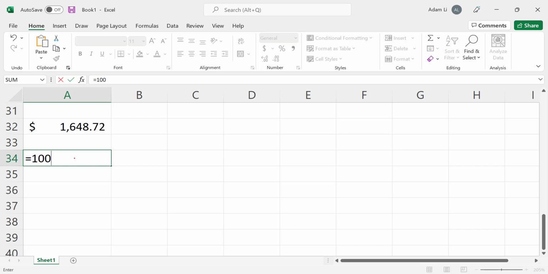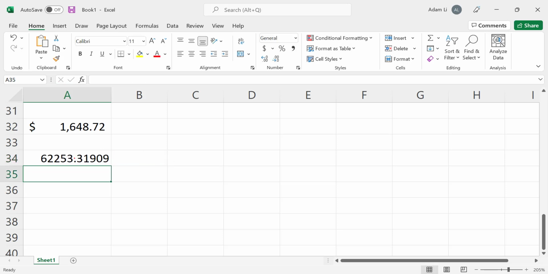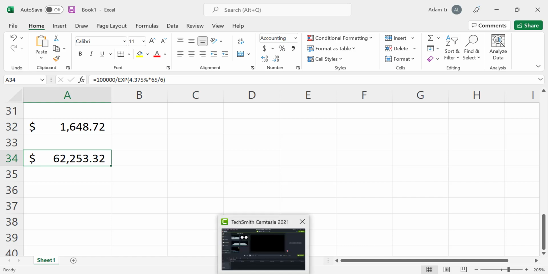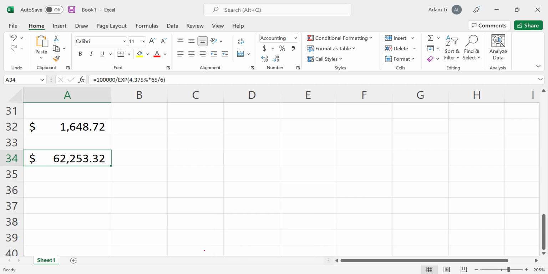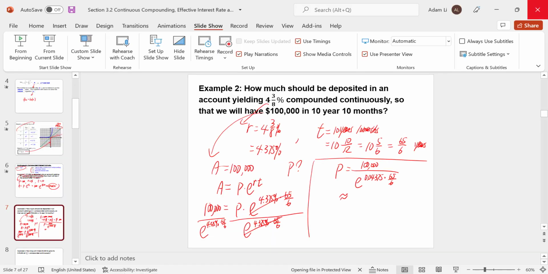So that's 100,000 divided by EXP, and if you want to put in 4.375%, no problem, and multiply by 65 over 6. And that should give us a result once you input properly. So this is $62,253.32.